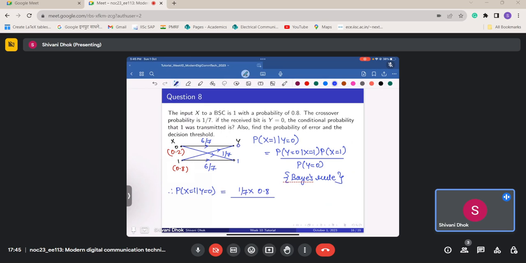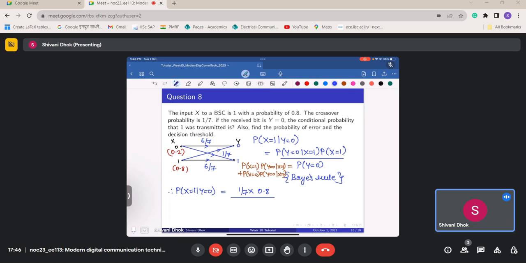this p of y. Now this p of y we can write as the probability that x equal to 1 into the probability that y equal to 0 given x equal to 1, plus the probability that x equal to 0 into the probability of y equal to 0 given x equal to 0. This is the law of total probability.